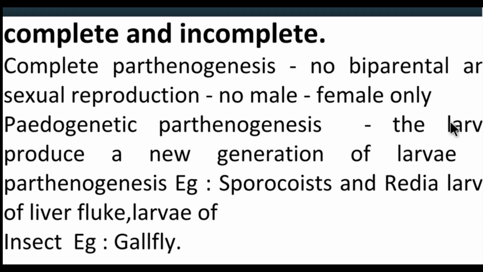That is the younger one, very small, very young. They produce a new generation of larvae of the same species. That is called pedogenetic parthenogenesis. It occurs in the sporocyst and redia larvae of the liver fluke. Here the larvae appear as the sporocyst and rediae.